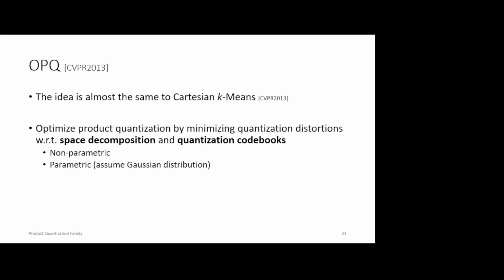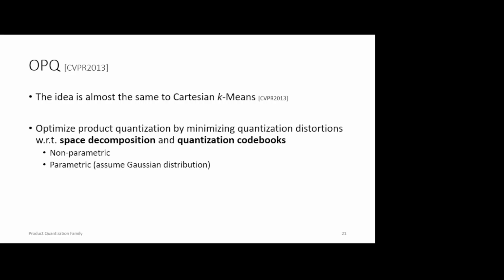This paper was published in CVPR, which is one of the top conferences in computer vision. Interestingly, in the same year at CVPR, they also accepted another paper called Cartesian K-means. They proposed the same thing by two different groups.